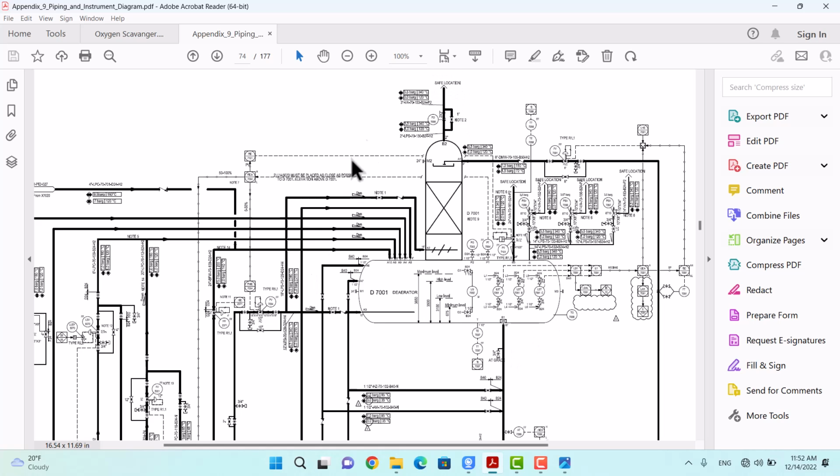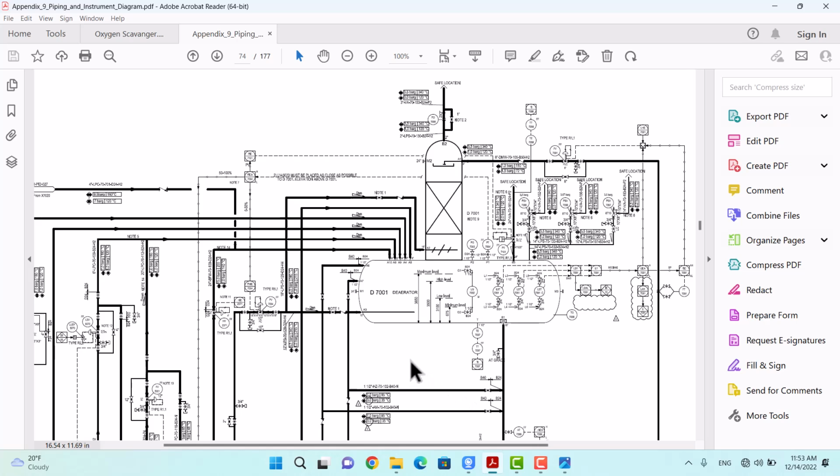This procedure we call mechanical stripping, because here the oxygen is stripped via the LP steam easily and without much problem.